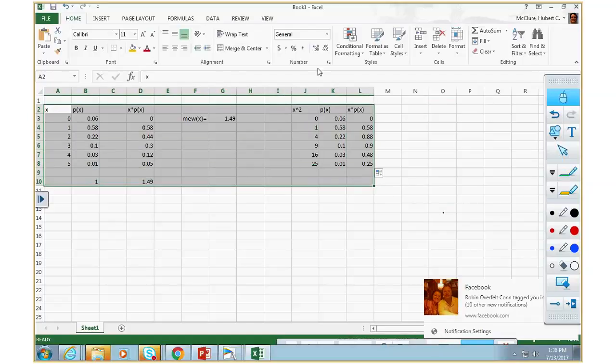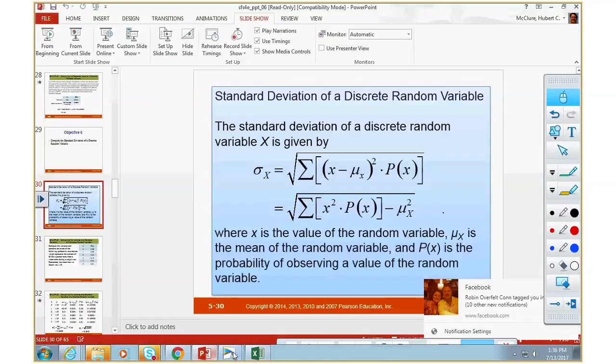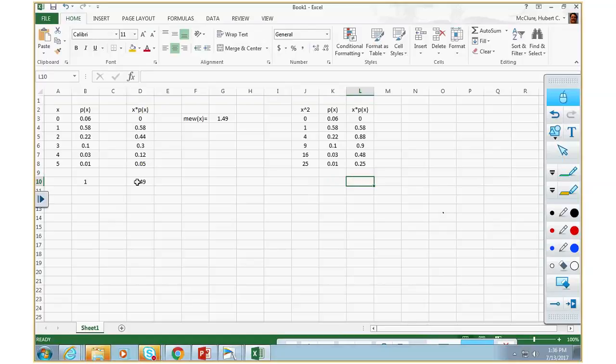Now what? Well, you look at the formula. Go back to the formula. Okay, the summation of x squared times P of x. So that means I'm going to do what? Add them all up. And then I'm going to what?